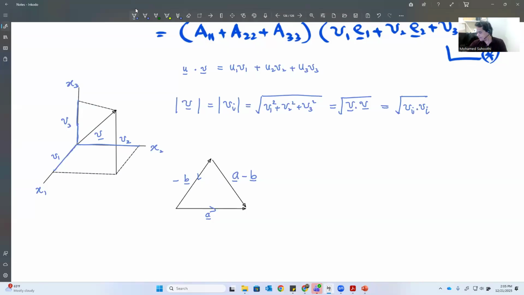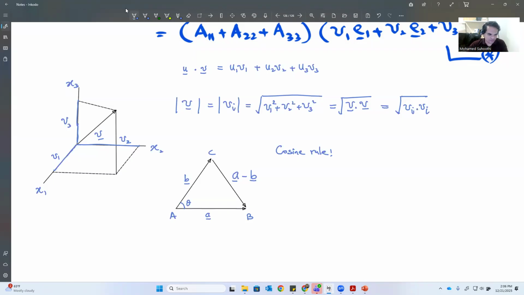Then I'll take one more thing. Let's take the angle between these two vectors as theta. I'll erase these things now. So for this triangle, if I apply the cosine rule, I will write the magnitudes as AB, AC, BC.